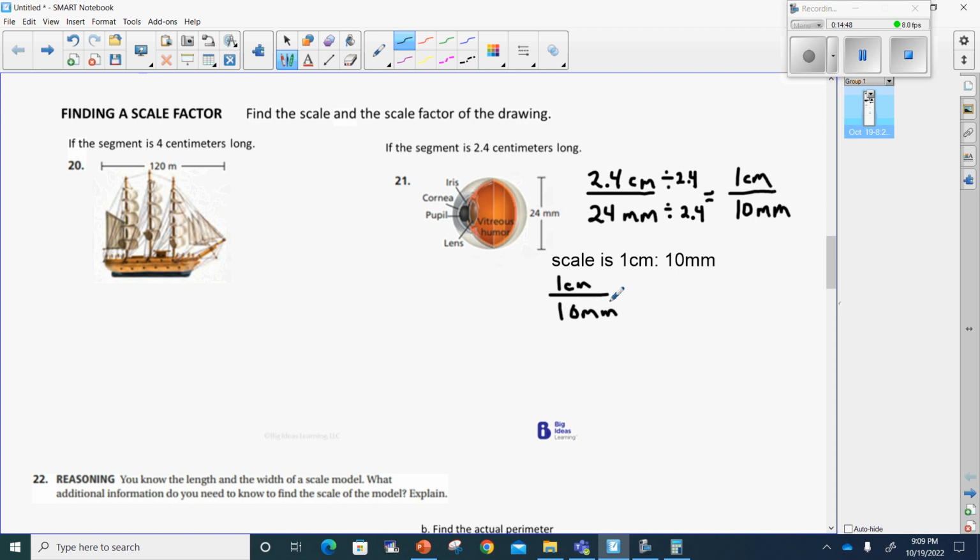And from what I understand, a millimeter, let's see, 10 millimeters equal, well, let's see, we can do, yeah, 10 millimeters is equal to 1 centimeter, I believe.